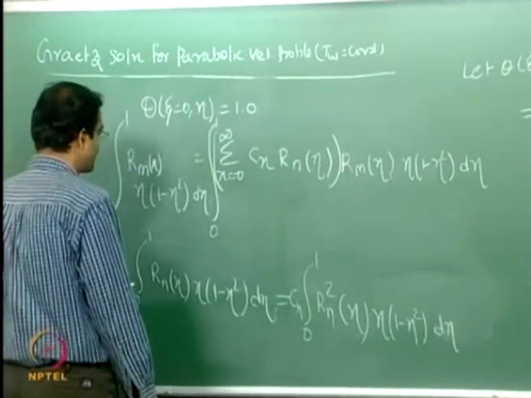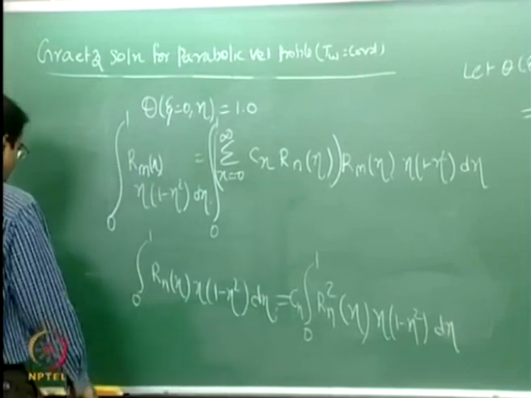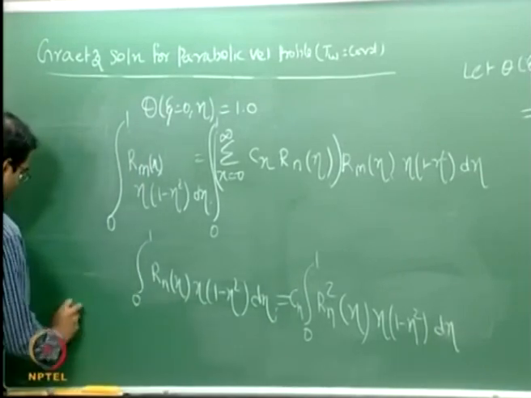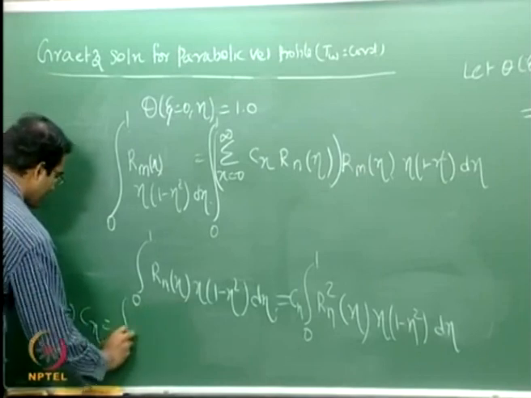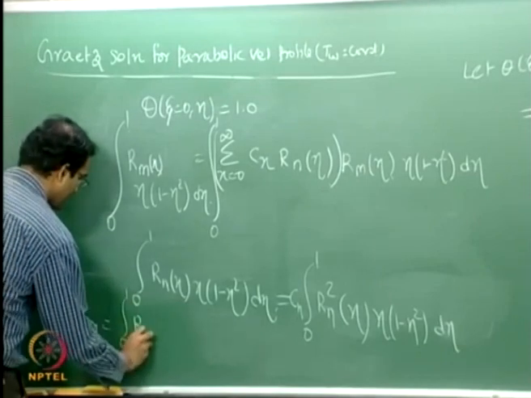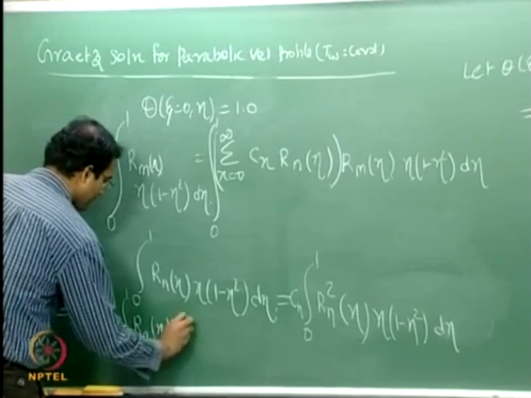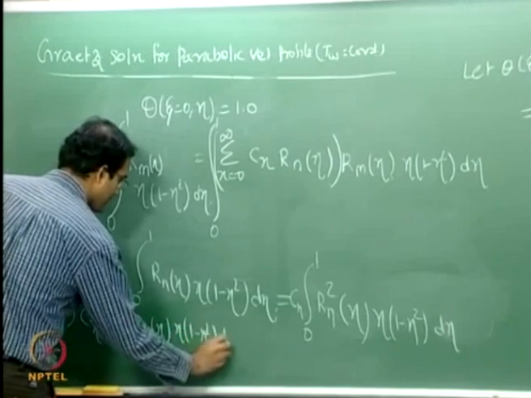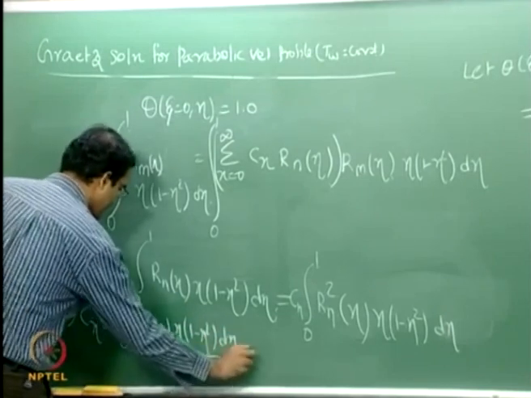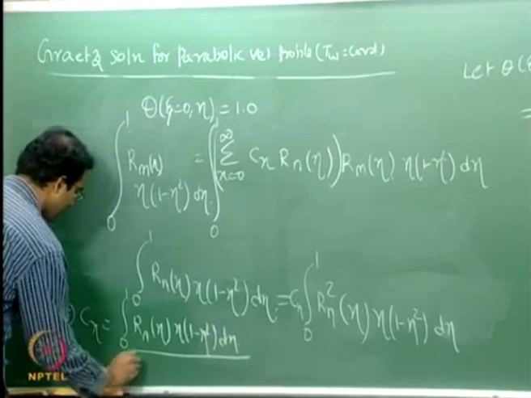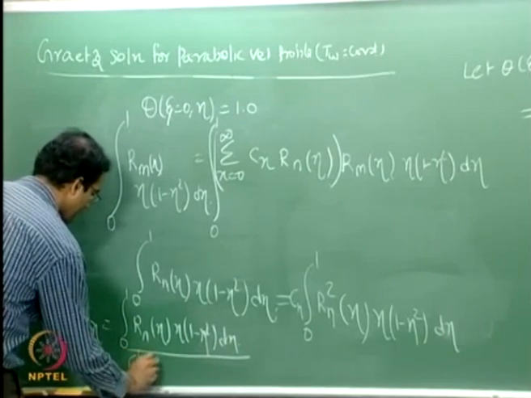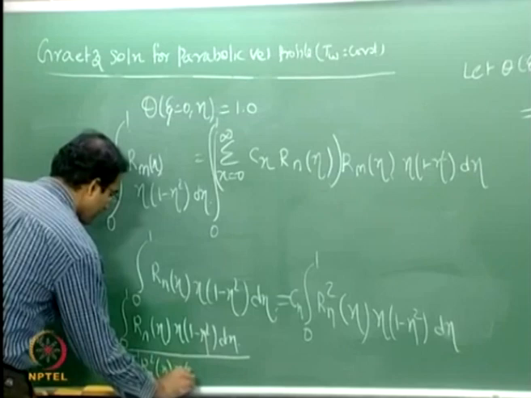Therefore my constant Cn will be integral 0 to 1 Rn eta into 1 minus eta square d eta divided by integral 0 to 1 Rn square eta into 1 minus eta square d eta.